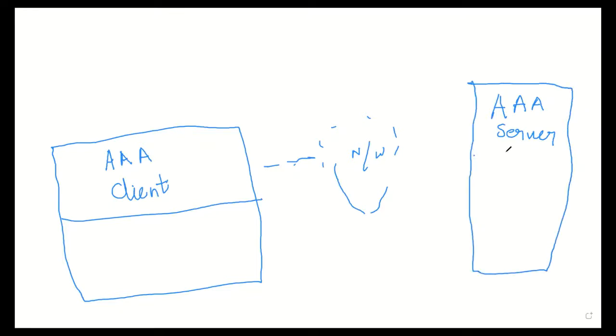So what is the role of an AAA client and what is the role of an AAA server? Let's first see the role of the AAA client. The most important information with respect to the accounting part, let's say we focus on accounting here, is to send service usage info.